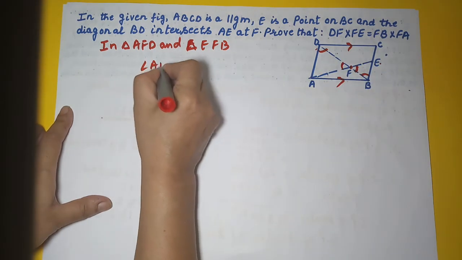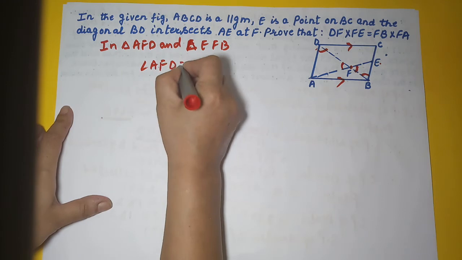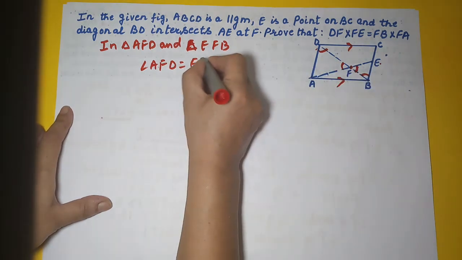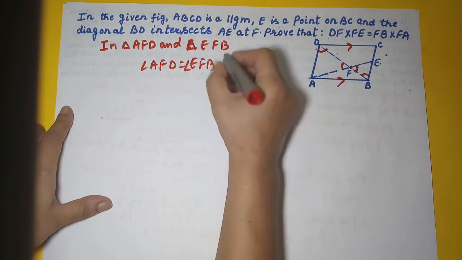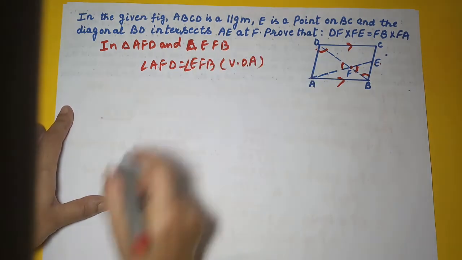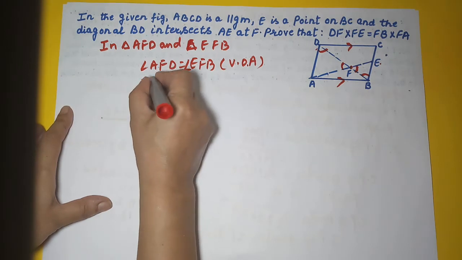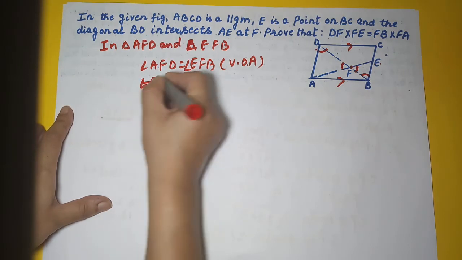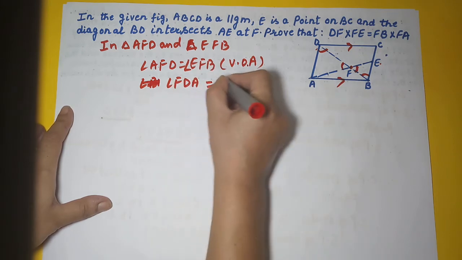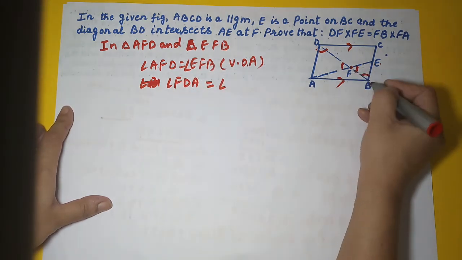Angle AFD is equal to angle EFB. Why? Because they are vertically opposite angles, right? Also angle FDA is equal to angle FBE.